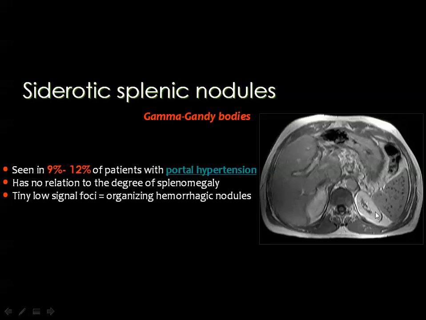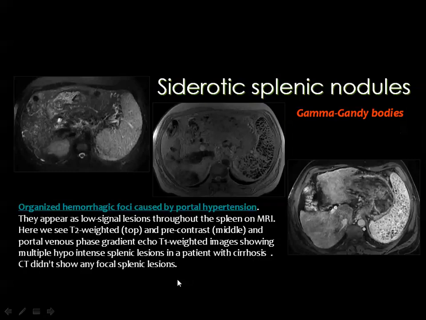The spleen may be enlarged, and the splenic parenchyma will show small dots of persistent low signal in all sequences, representing hemosiderin, and this is known as siderotic splenic nodules or Gamna-Gandy bodies. And as I have said, these are usually seen in a few cases of portal hypertension, and this is an example.